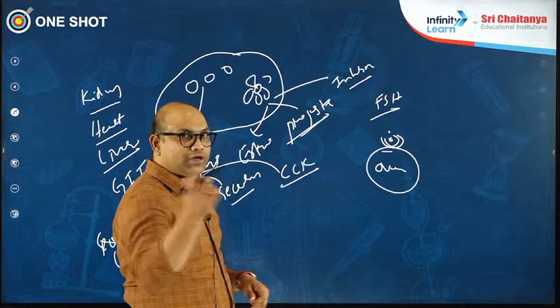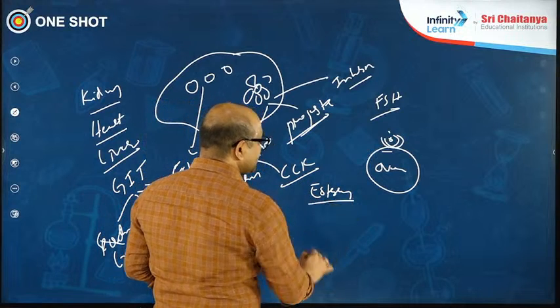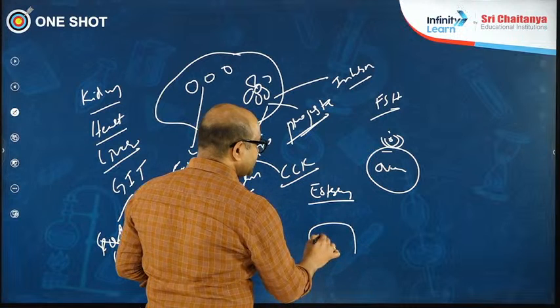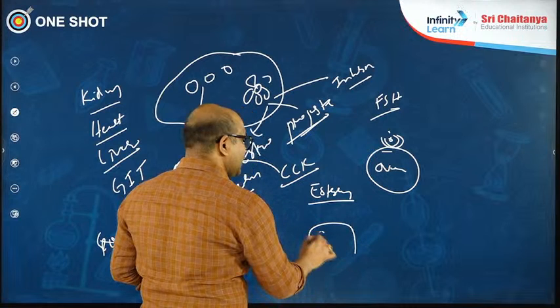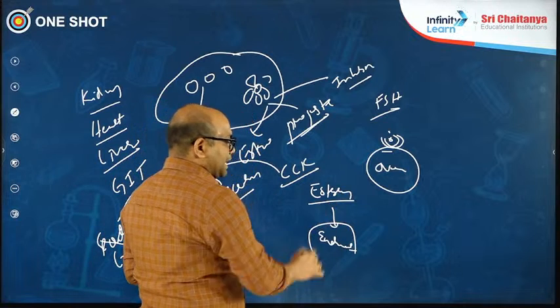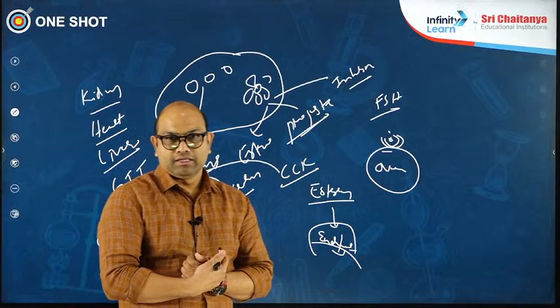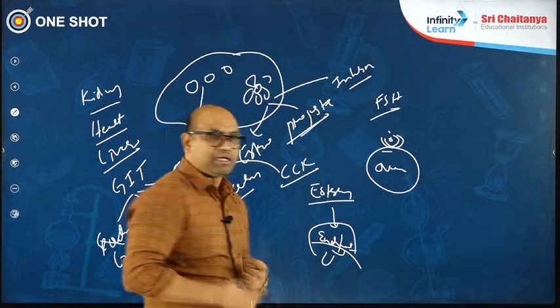When we talk about a fat soluble hormone mechanism, I am telling you about estrogen. For estrogen, let us take the target cell as the cell of the endometrium of the uterus, the uterine cell. Estrogen can cross the plasma membrane, and it can also cross the nuclear membrane inside the uterine cell. Then it binds to the intracellular receptor.